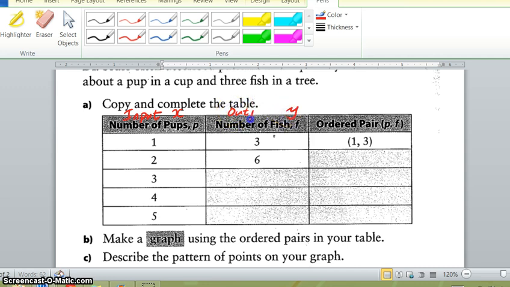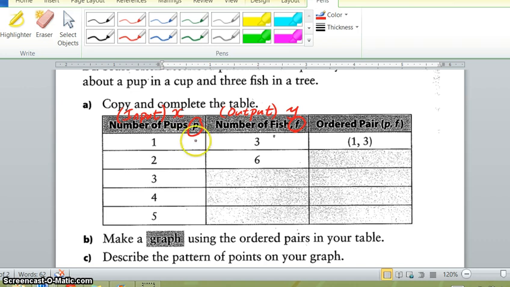Now, to be consistent with the problem that's presented, what they want you to use is p representing the number of pups instead of x, and the number of fish is f instead of y. But really, you're thinking of it as your input and your output, if you remember from last year.